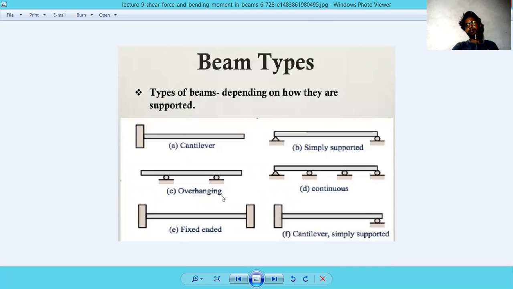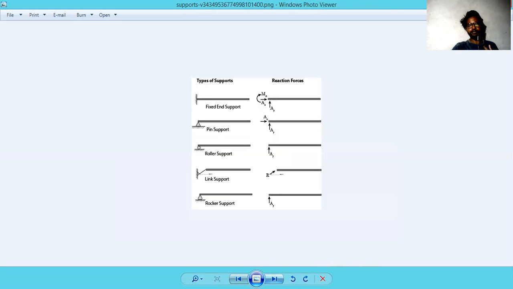The continuous beam, as we have seen, has one hinge and three roller supports. The fixed beam is fixed on both sides, and the cantilever that is also simply supported we call a propped beam. So these are the basic types of beam.